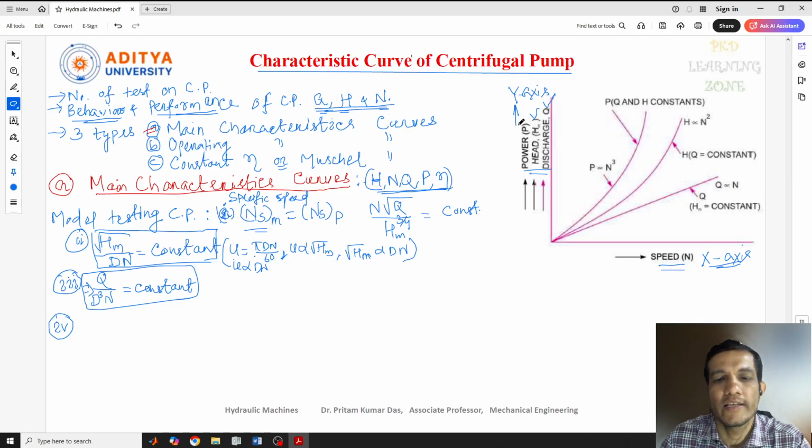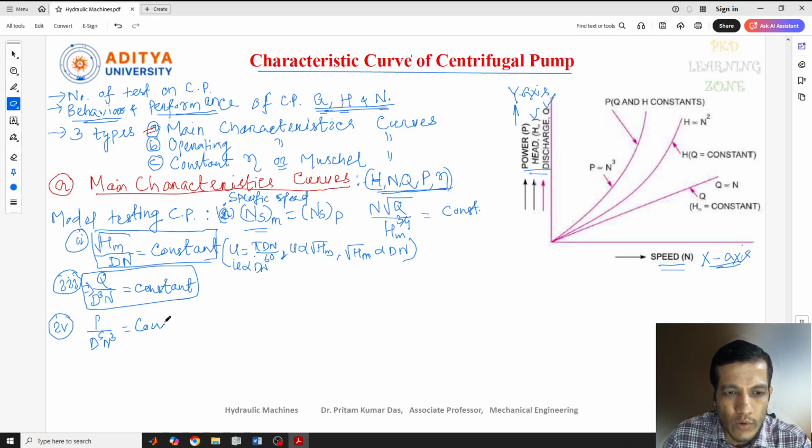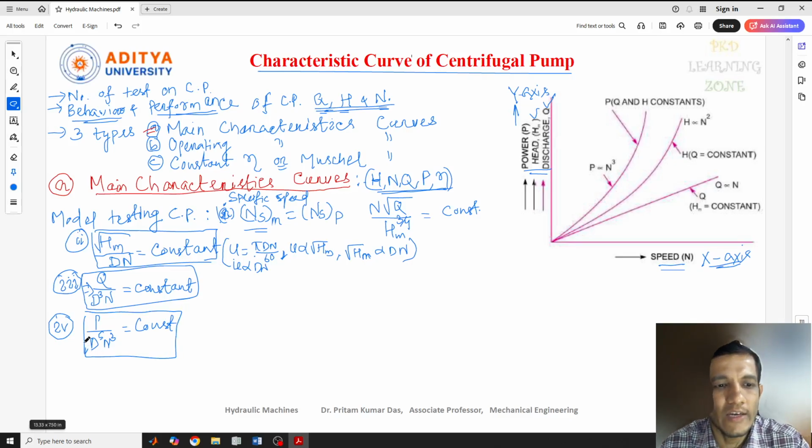One more equation is the power: the correlation P by D to the power 5 and N to the power 3 equals a constant. These are the three correlations we have discussed in the previous lectures, and from these equations the curves are identified by conducting a number of tests or experiments.